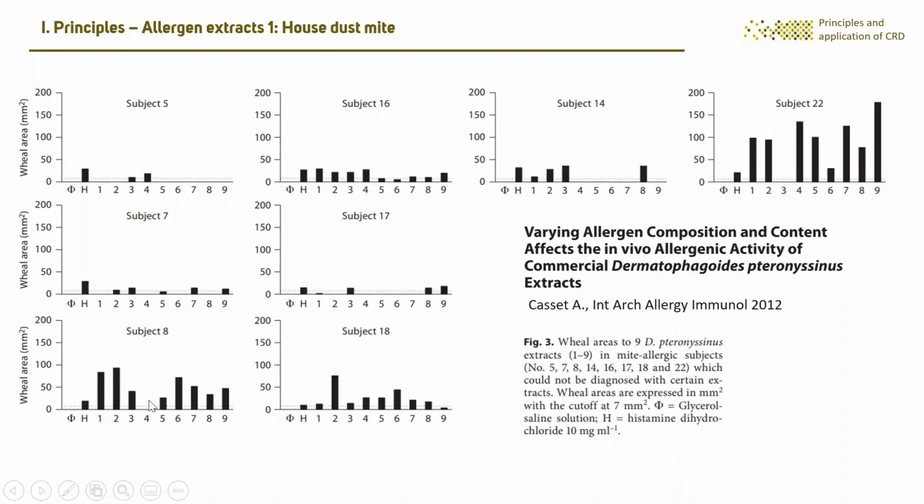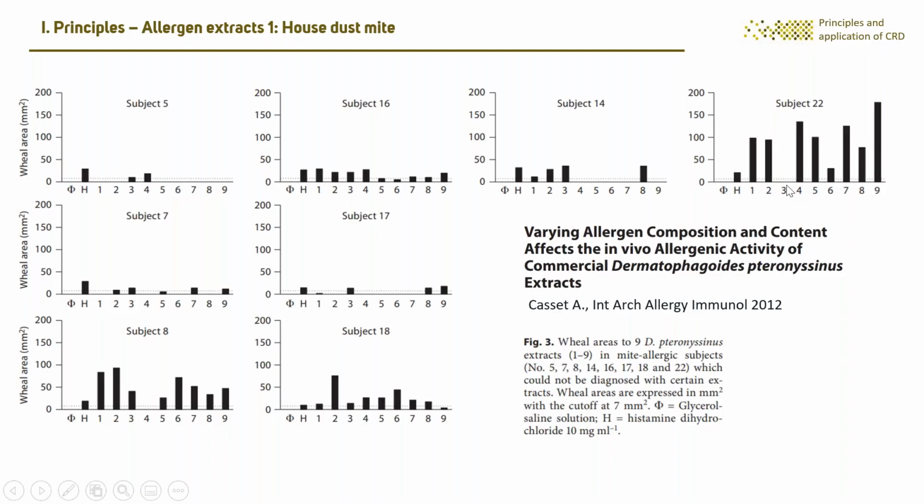But this does not necessarily mean that extract number 4 is worse and does not work at all, because if you look at another patient here, top right, patient number 22, you will see that extract number 4 performed pretty well in this patient, while he was negative, false negative, apparently, with extract number 3.